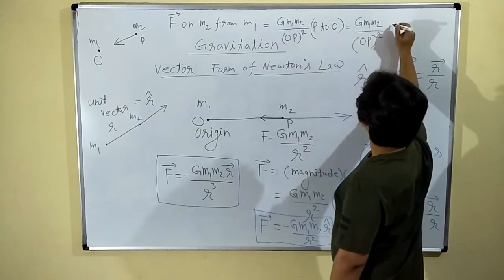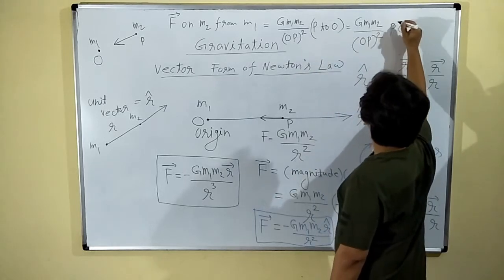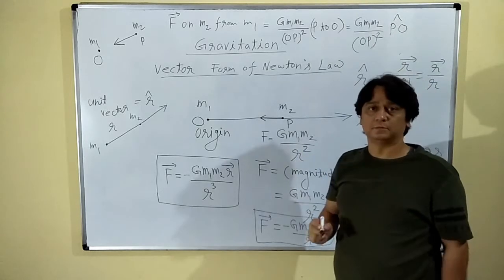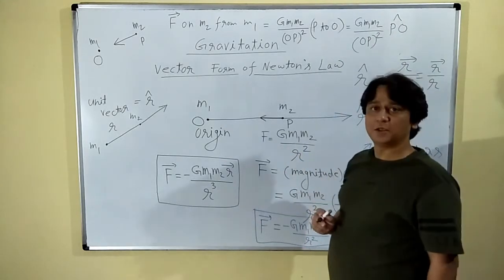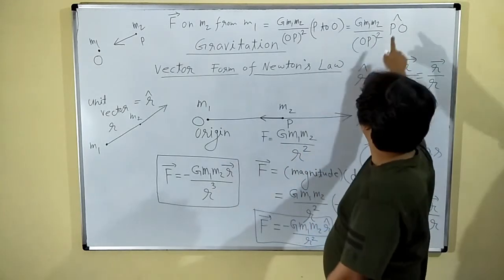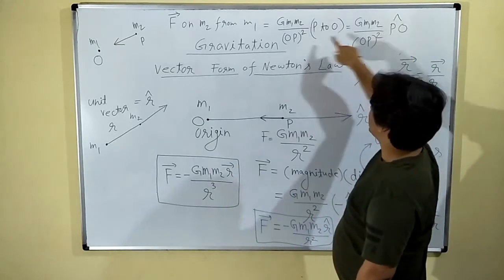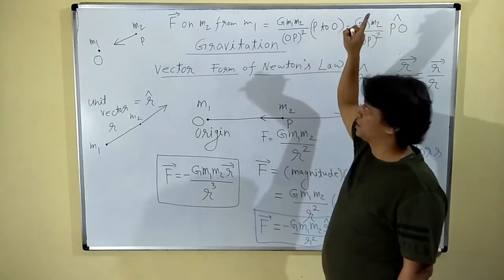P to O is nothing but PO cap. That's your unit vector, PO cap. What is PO cap? P to O unit vector.